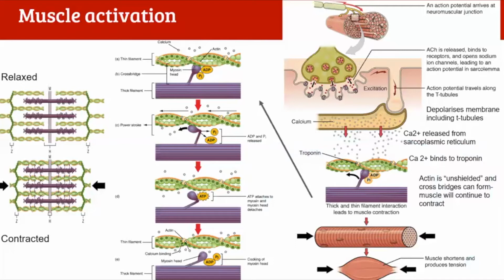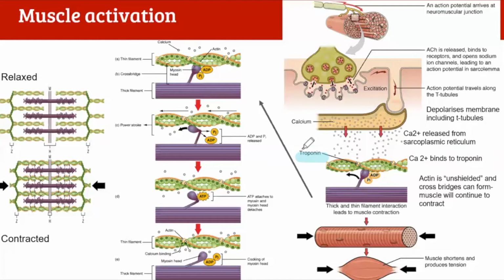What is troponin? You can see it here, and also in this diagram, so troponin will be along here. Troponin is a regulatory protein, and it binds to actin. It binds to this green actin strand, right?